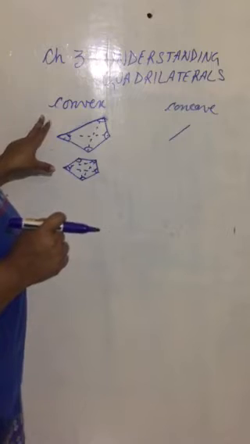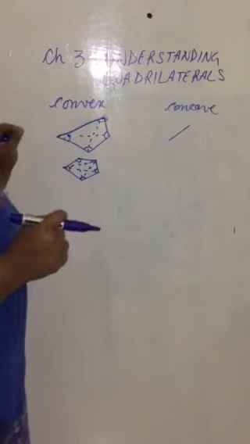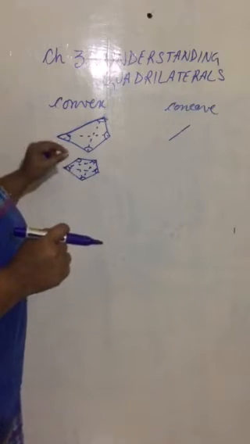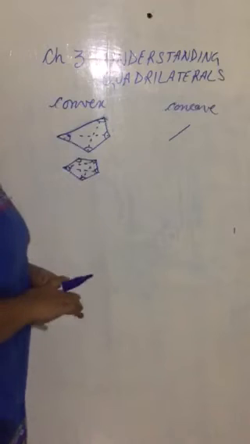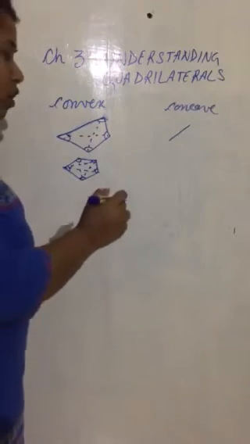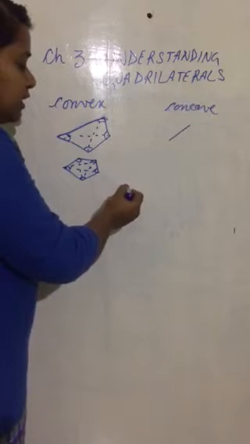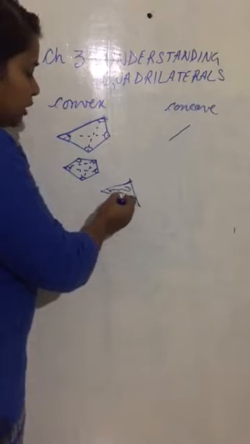A polygon in which none of its angles is more than 180 degrees and the diagonals lie in the interior of the figure. You all know the meaning of interior, exterior and on the figure. Suppose I have this figure. This portion is what?